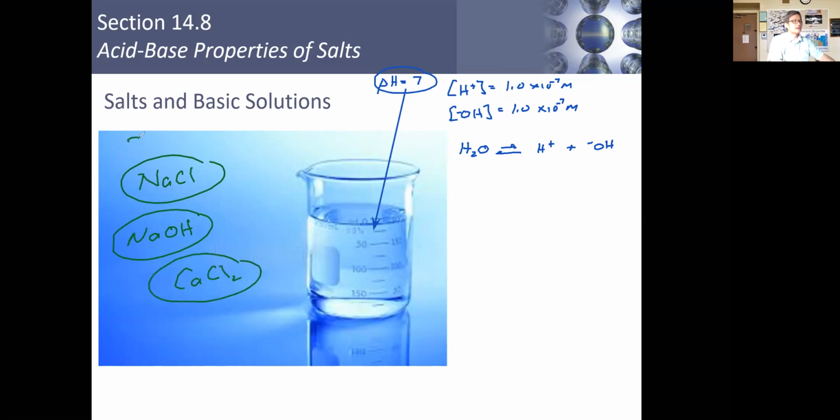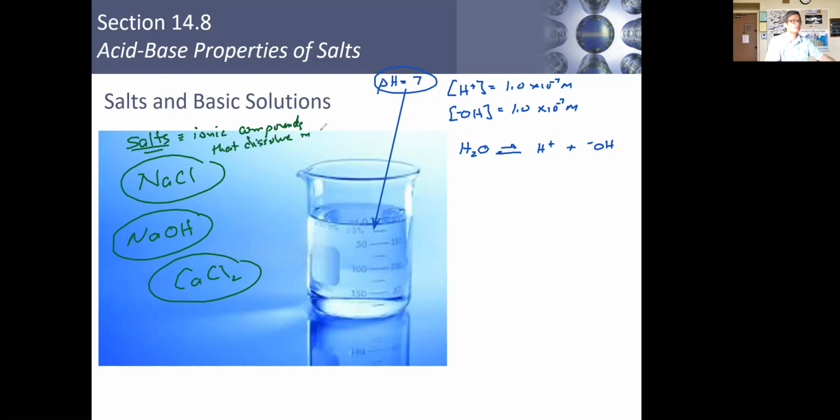We refer to these as salts, because the definition of a salt is not the common term for salt, which just refers to sodium chloride. Salts are just ionic compounds that can dissolve in water.